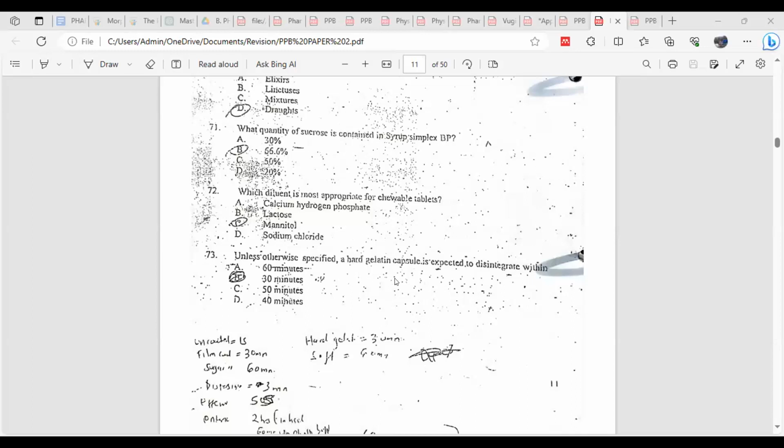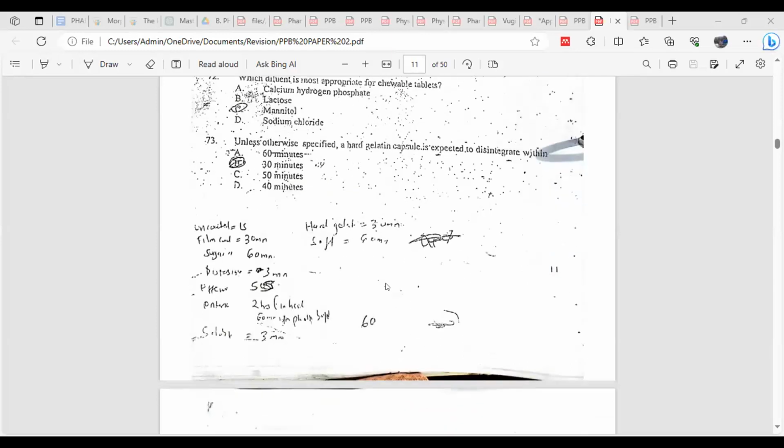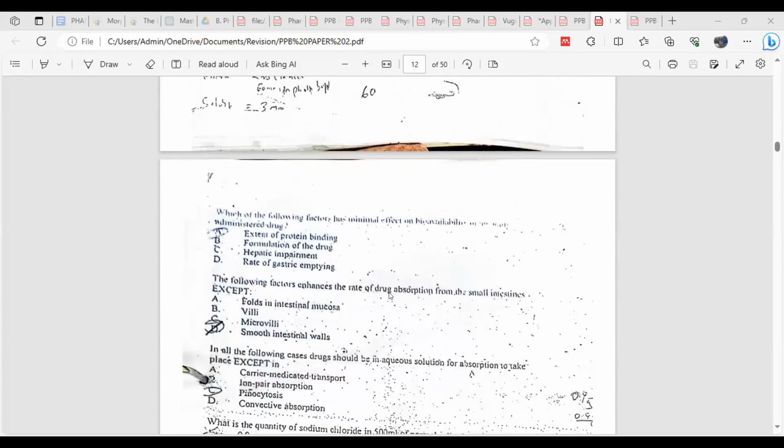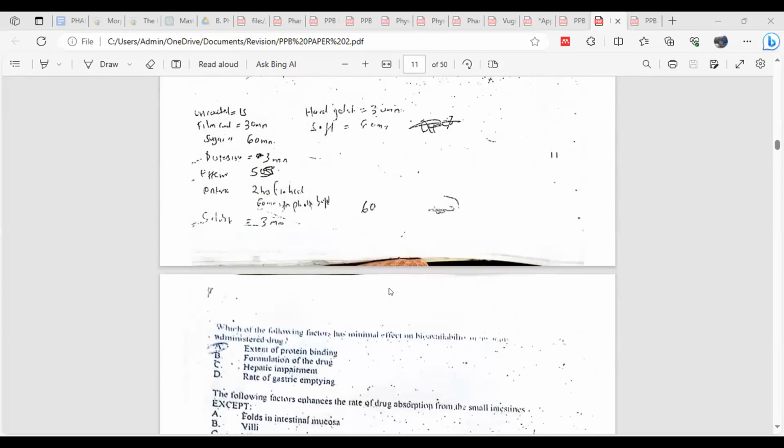And should we also cover suspending agents, buffer agents, preservatives, those excipients? Yeah, it's 30 minutes. Disintegration time is 30 minutes. A soft capsule is within an hour. Enteric coated is 2 hours.